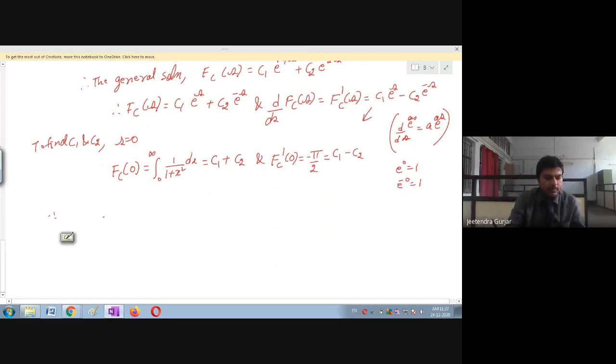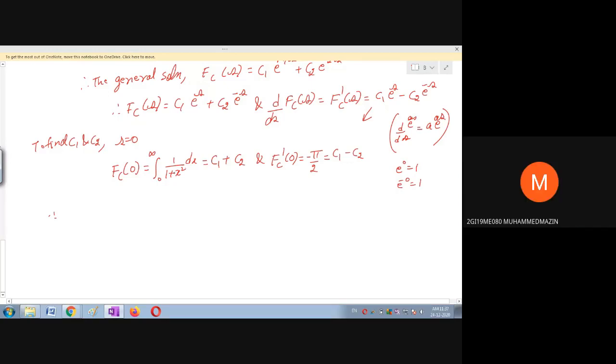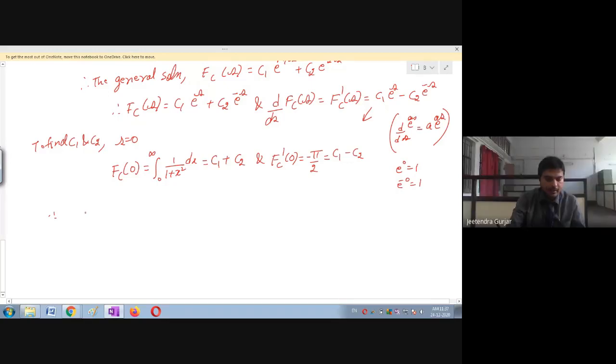So further if you simplify, you can see this integration 0 to infinity 1 upon 1 plus x square dx. Can anybody tell me what is the formula for this? Tan inverse. Yes, excellent. You are right. So I will write C1 plus C2 is equal to integration 0 to infinity 1 upon 1 plus x square dx, which can be written as tan inverse x in the interval 0 to infinity.